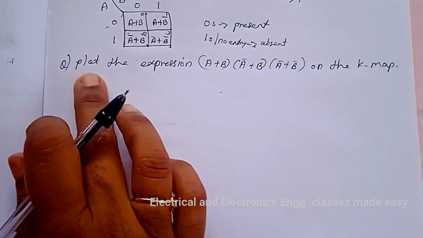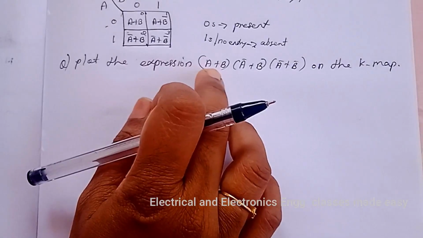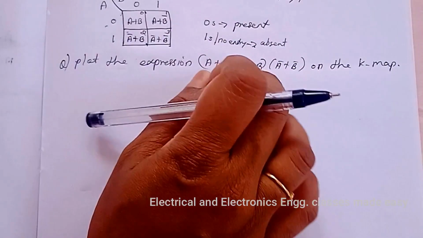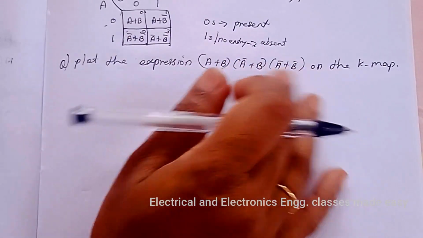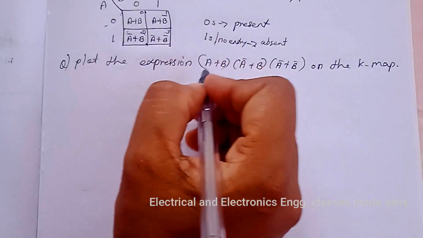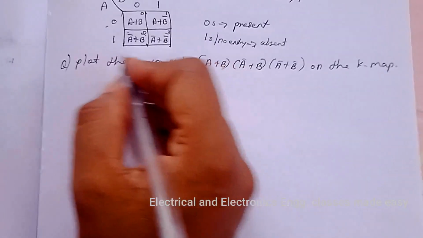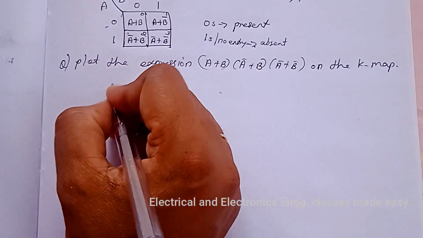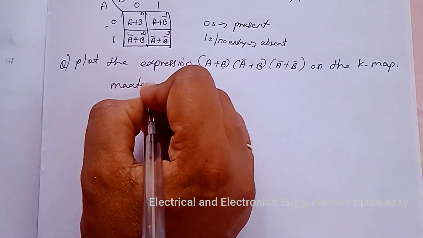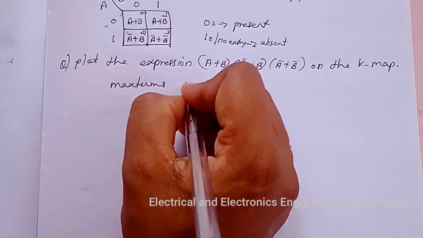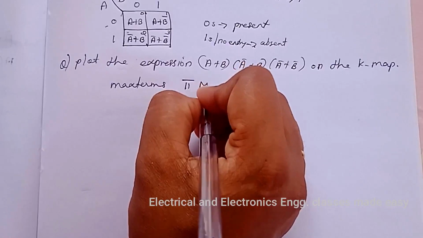Let us do an example. Plot the expression a plus b into a bar plus b into a bar plus b bar on the Kmap. So from this given expression, we can write the max terms pi m.